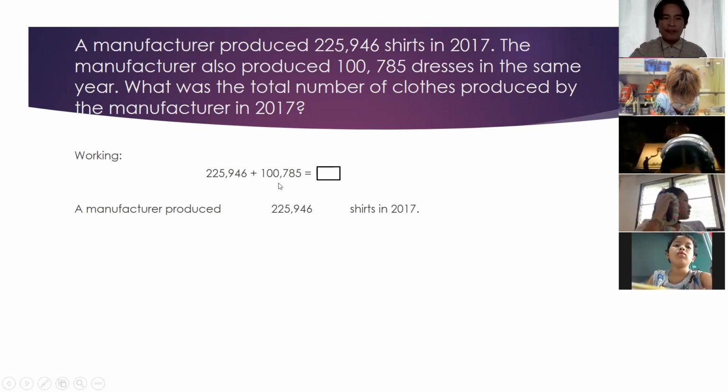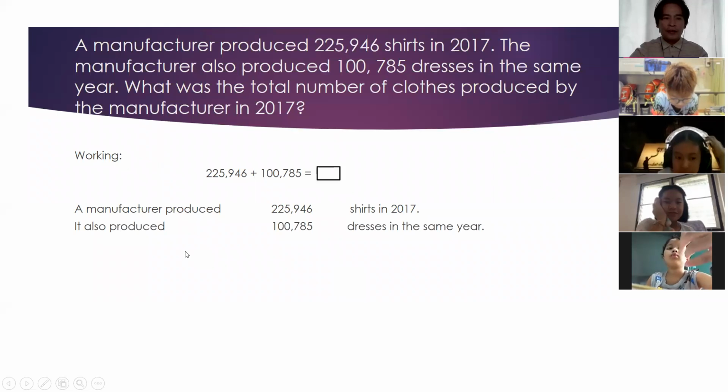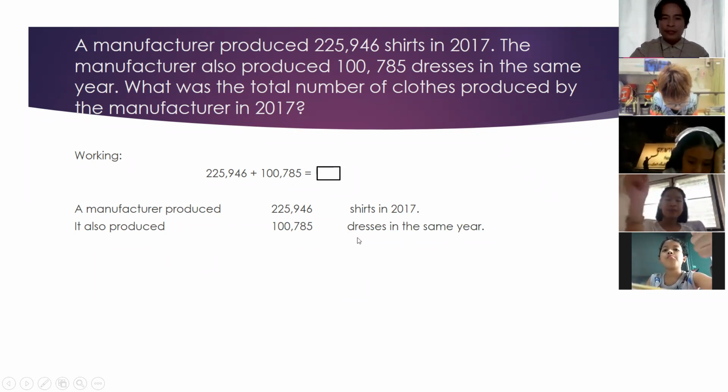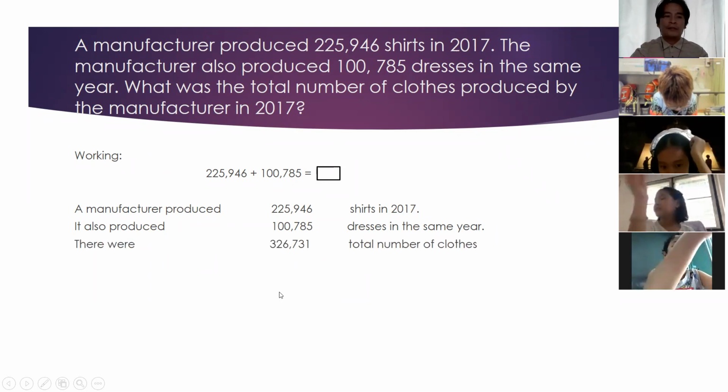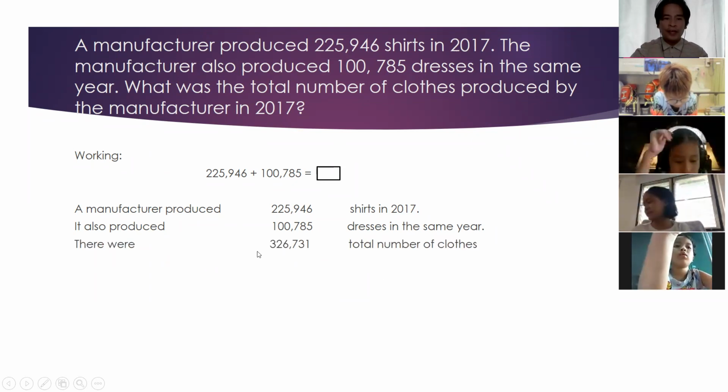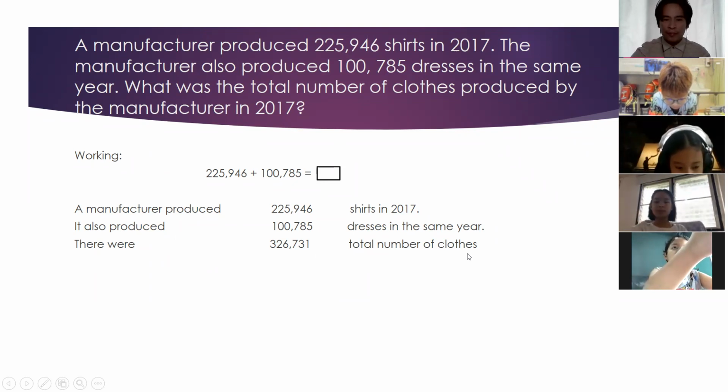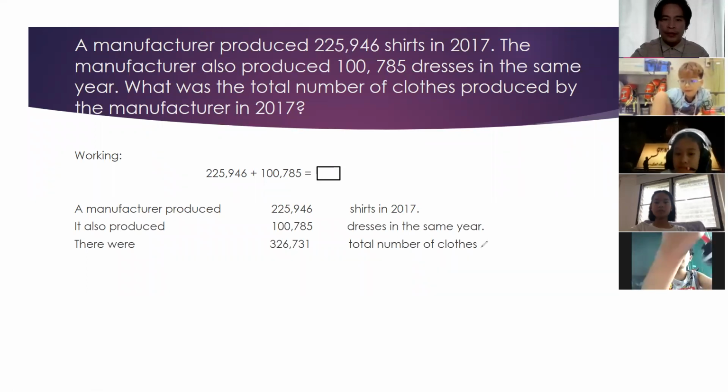So the second line, it also produced space 100,785 space dresses in the same year, period. There were space 326,731 total number of clothes, full stop. There should be a full stop here. Here, full stop, period.